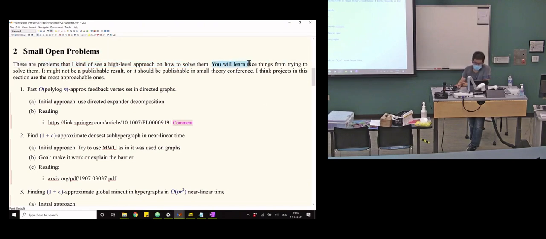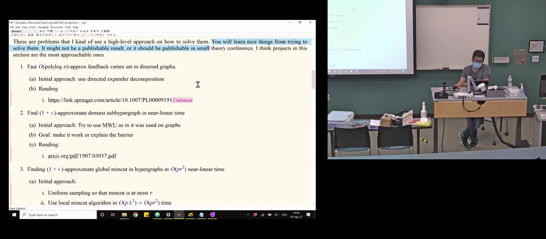So you will really learn some nice techniques by just trying to solve them. It might not be publishable, but actually it might be. I'm not sure, but it's not going to be groundbreaking, because at least some expert like me already knows how to approach it. So it's not that surprising, but still kind of nice.